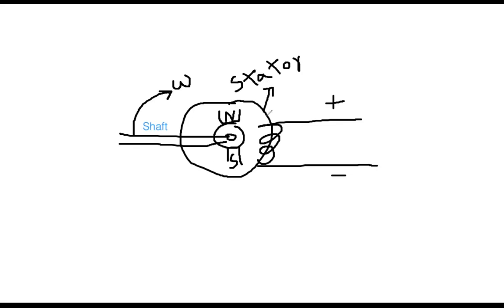On the stator body, I have placed one set of coil, and there is another circular body called the rotor. This is in real practice. And on the rotor body, I have placed a magnet. This is North Pole and this is South Pole.